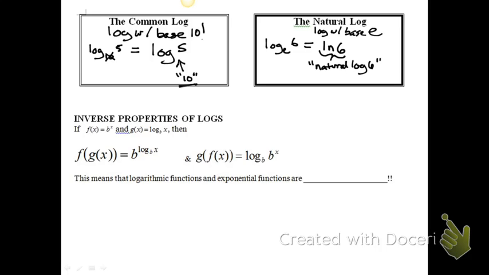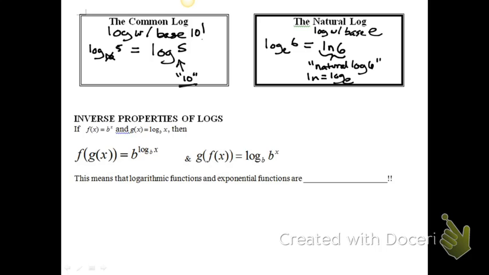It's written LN 6. Whenever you see LN, all that means is log base e. A lot of students freak out when they see LN. Just know that it's a log with the base e, and it has its own fancy notation. It takes a little getting used to.